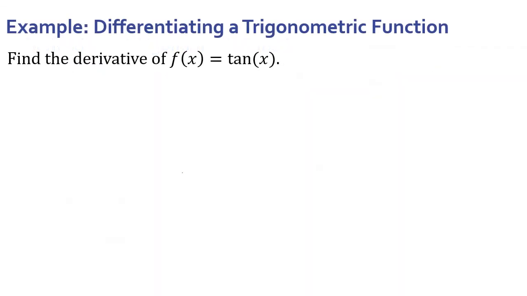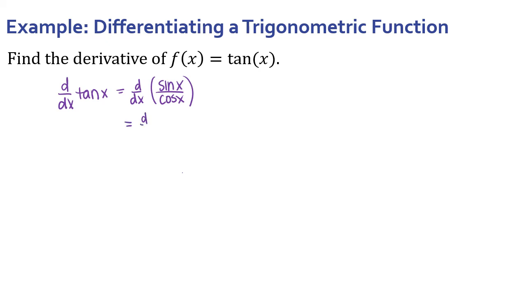Okay, so let's find the derivative of the tangent function by a proof. We know the derivative of tangent is secant squared of x, but I want to show you where that comes from. So d over dx of tan of x is the same thing as the derivative of sine divided by cosine. At this point, we can use the quotient rule to evaluate this.